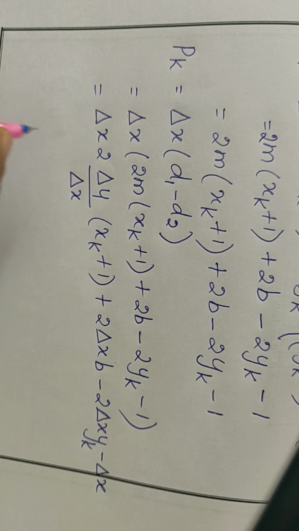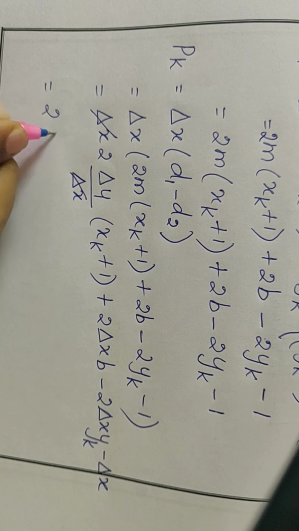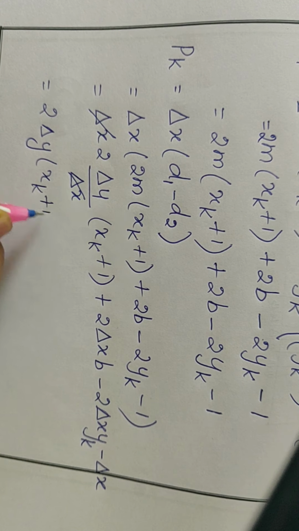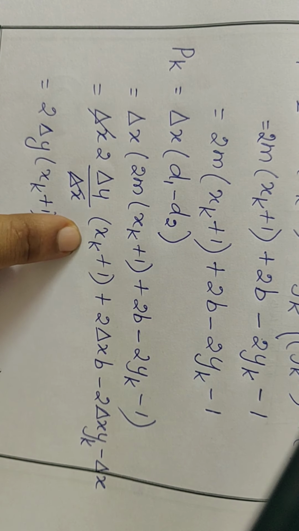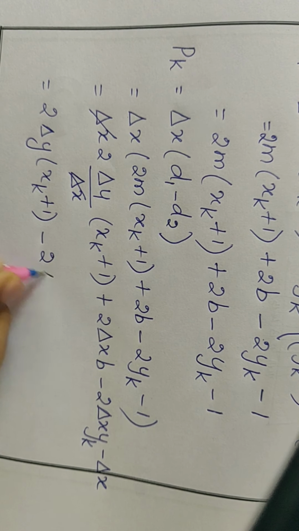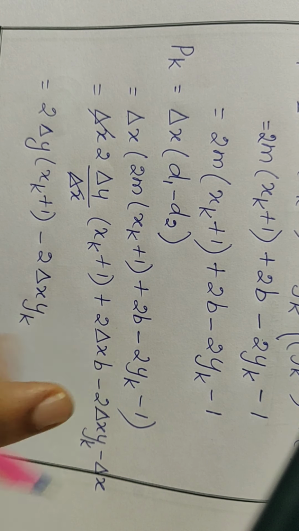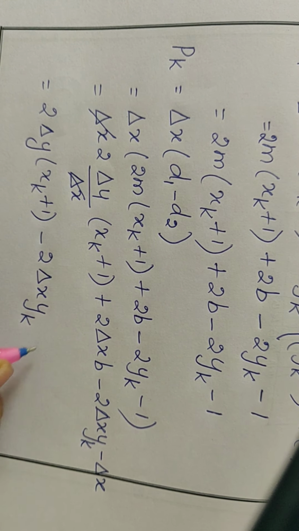Now what I have to do? Can I cancel these two? And I can write 2 delta y xk plus 1. Minus, this is having xk and this is having yk, so next I will write this 2 delta x yk, and the remaining parameters, those that don't have xk, yk values, I will put together.